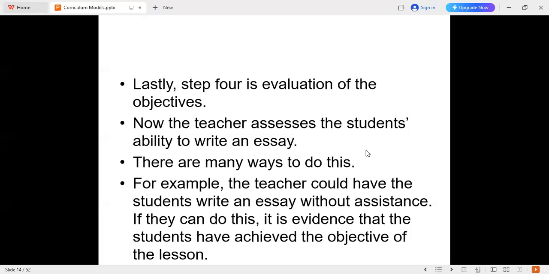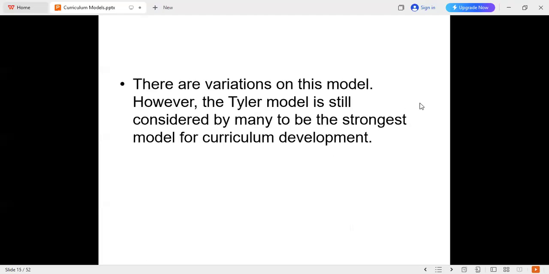Easily you can understand why we practice this system even in school now. There are variations on this model. However, Taylor's model is still considered by many to be the strongest model for curriculum development, as I mentioned at the beginning.